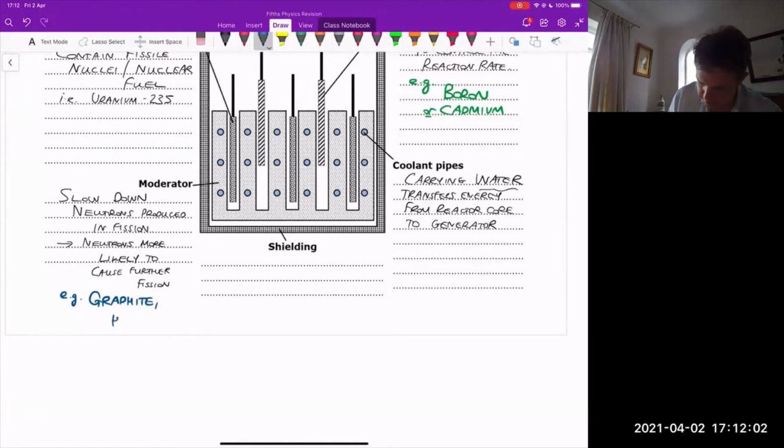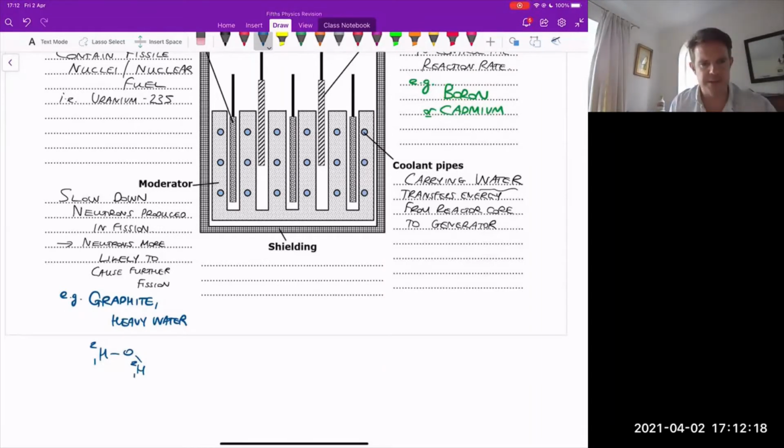And there's another thing called heavy water, which is basically water where, instead of H2O, you've got water with a heavy isotope of hydrogen, deuterium. So it's literally water, but with a heavy isotope of hydrogen.